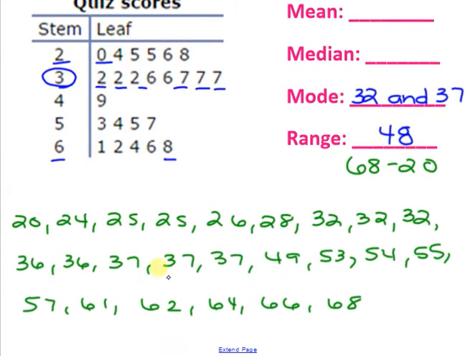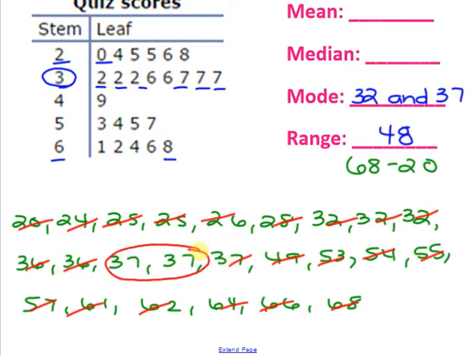Now, they're already in order for us because we took them straight from the stem and leaf chart, which is pretty great. Now just find your median. So your median is going to be 37.